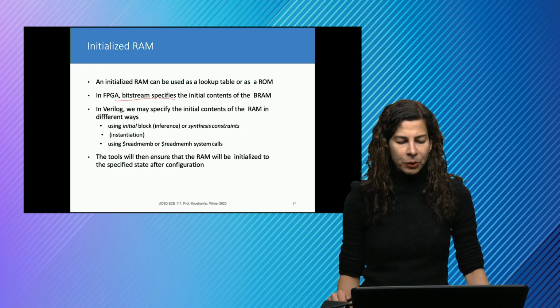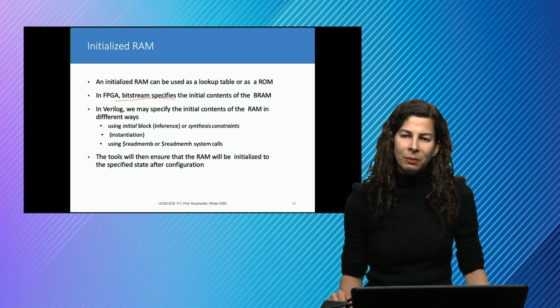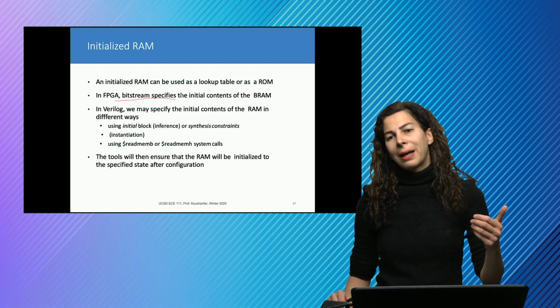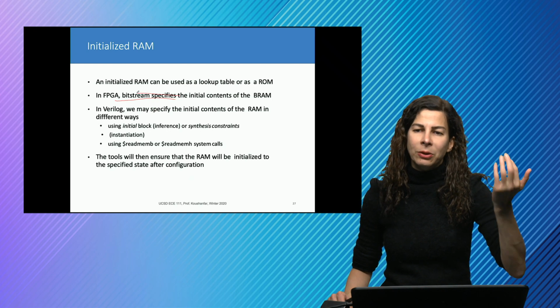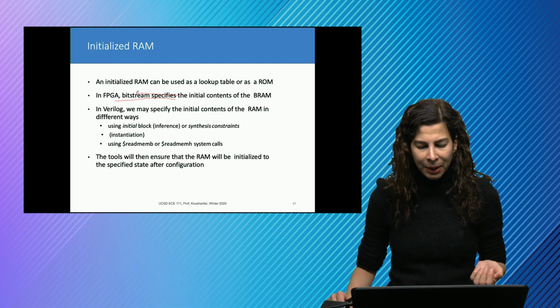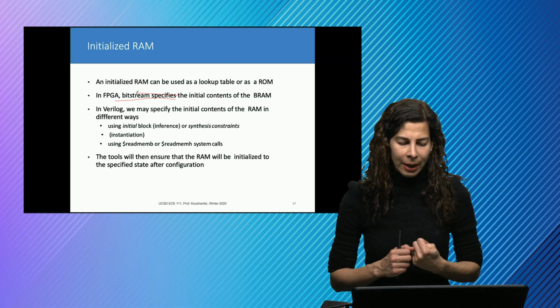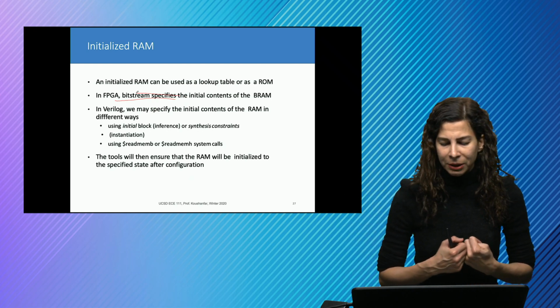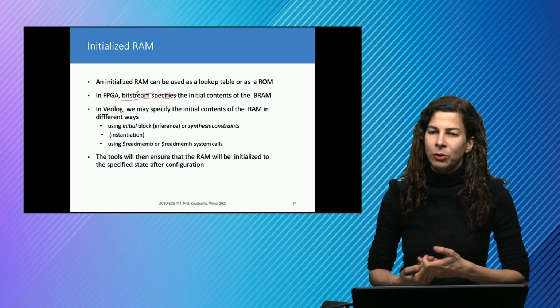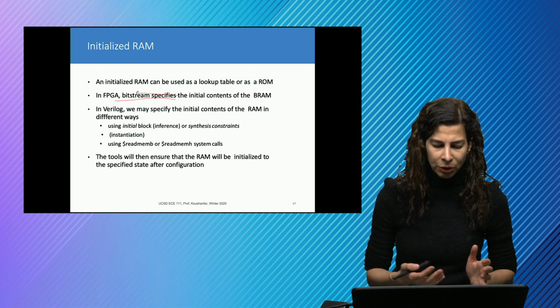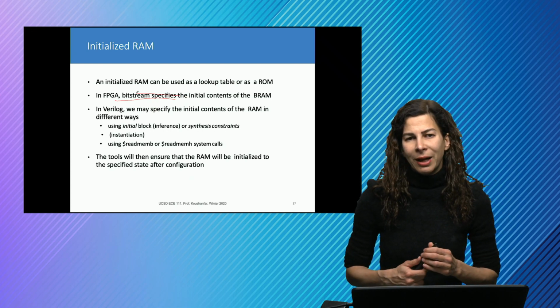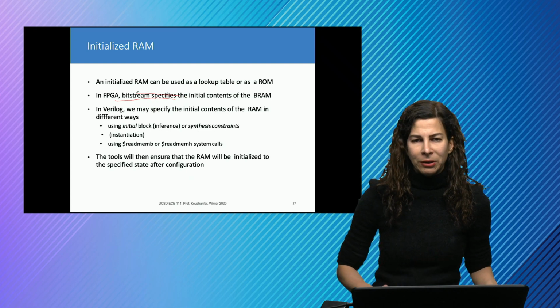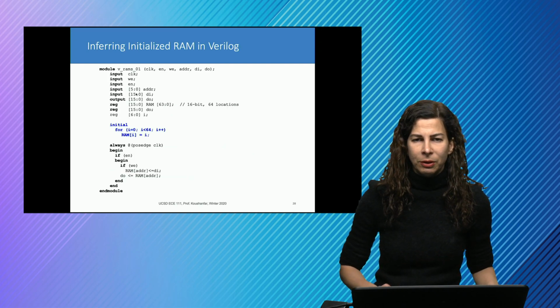And you could use an initial block, which is a synchronous command that runs only in the beginning of the code, and then that could set the values in the BRAM. Or you could use readmemb or readmemh system calls to load values into the BRAM. And this ensures that the values of your RAM are initialized to what you want in your configuration.